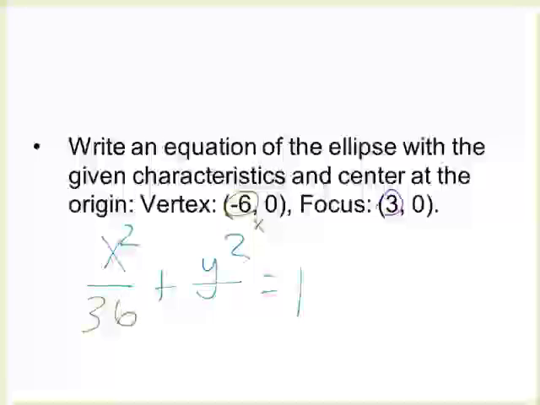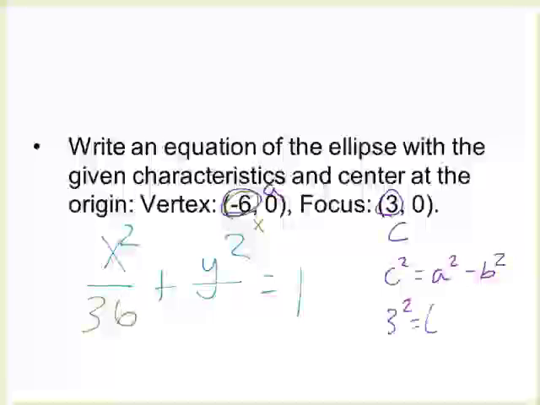That focus gives us our c value. The vertex gives us our a value. And we're going to plug into c squared equals a squared minus b squared, which is below the chart in your notes and does not need to be memorized.